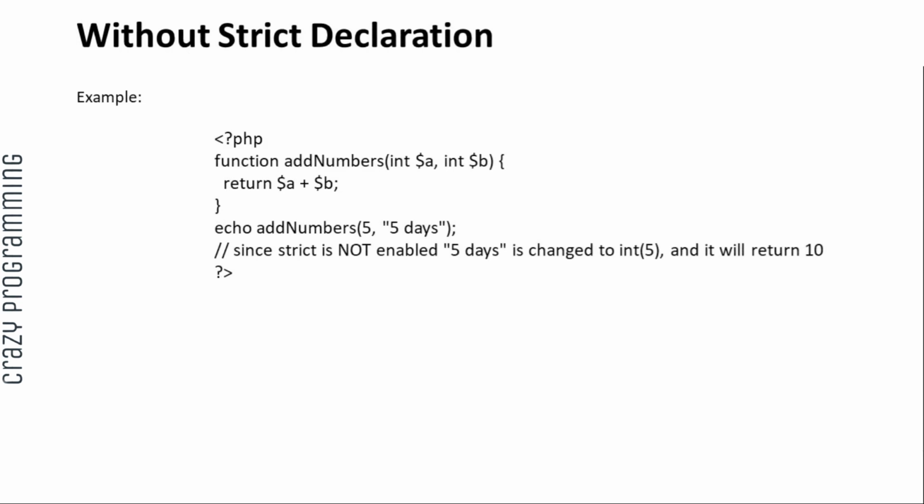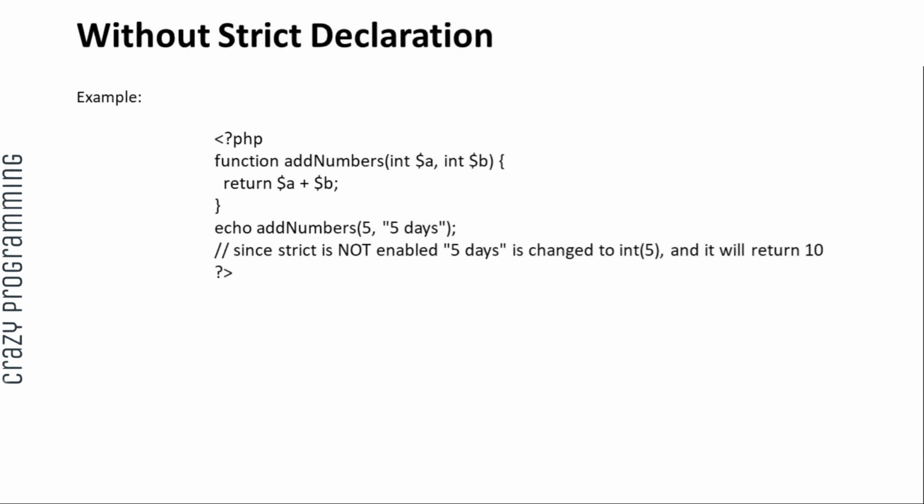Let's check another declaration, that is without strict declaration, and let's see the example. Here we are not using the strict declare, and we are just doing the same thing. We created the function with the name add numbers, and inside it I created int a and int b, and returned a plus b.